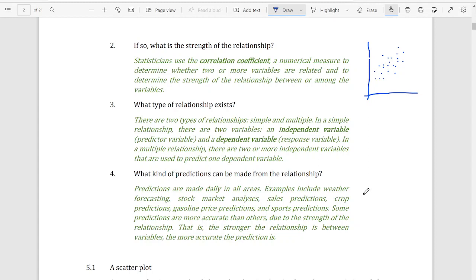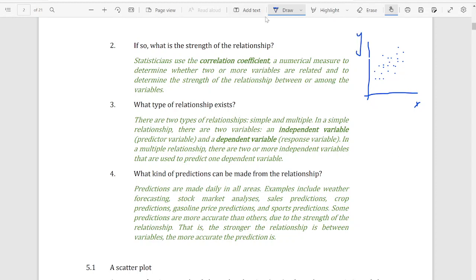Moving upward kan? So, moving upward maksudnya dia punya slope adalah positif. So, this is what it means by positive correlation, because a lower value of x will give you a lower value of y. Let's say this one is x. So, this is x and this is y.